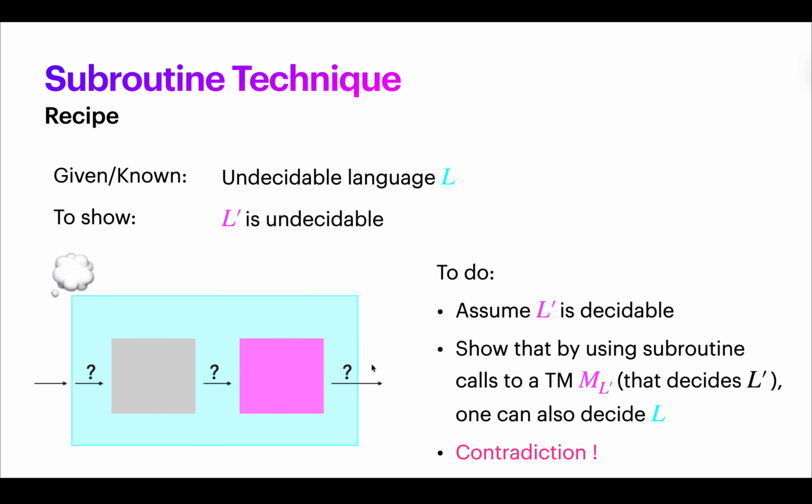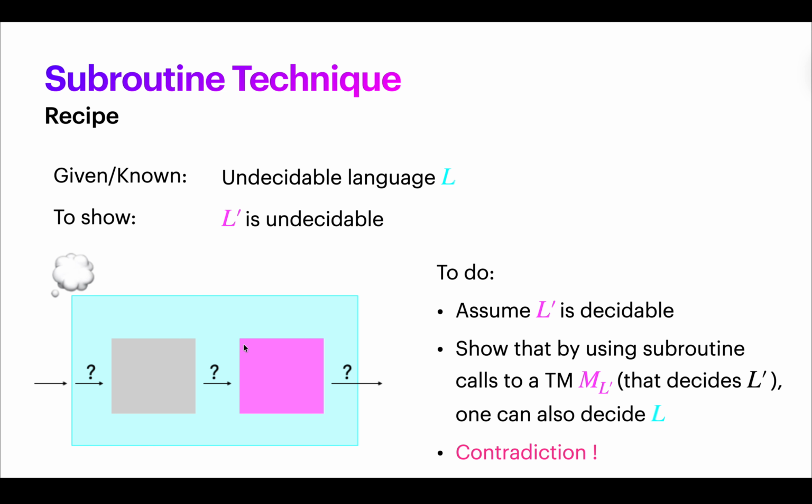Let's illustrate this. So this is really abstract at the moment, but it will be more clear with examples. But the idea of the illustration is the following. So we're trying to prove L prime is undecidable.